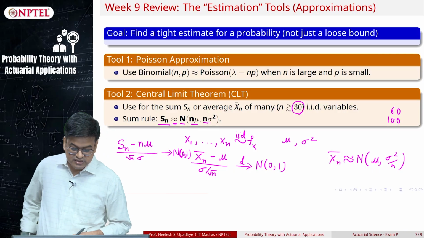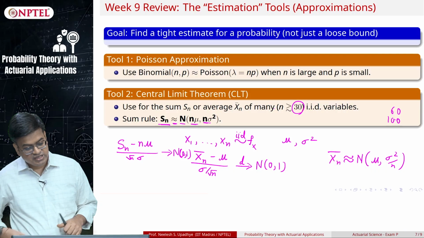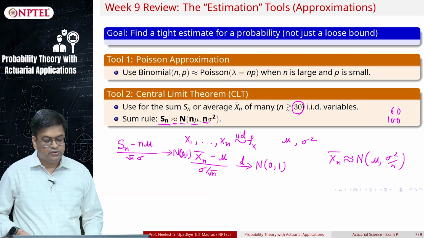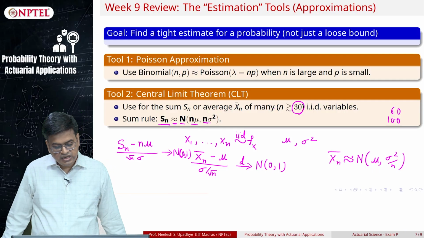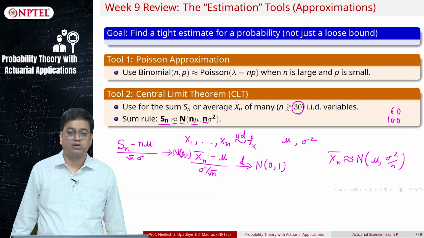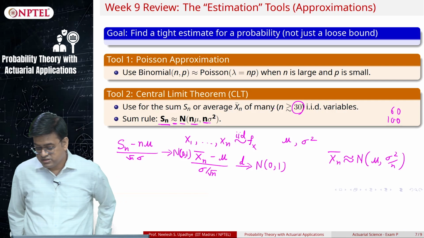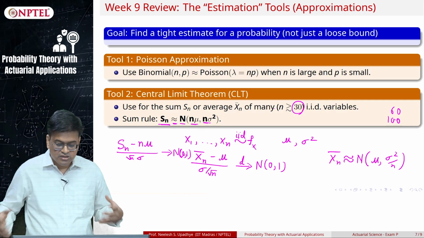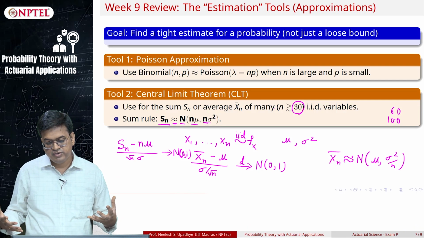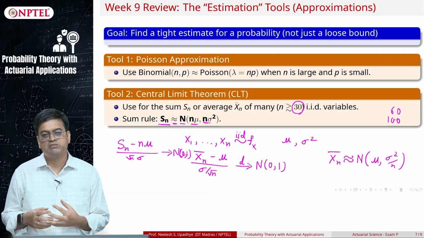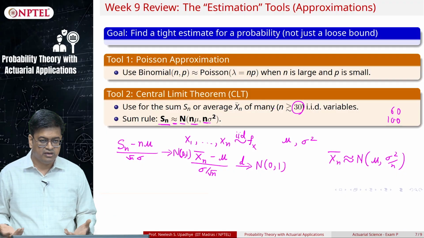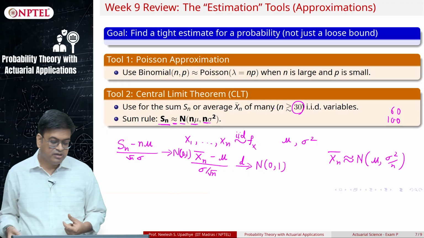Now, what we are saying in the central limit theorem is very wonderful. No matter what the distribution is, you are able to approximate it with a normal distribution. But this raises an important issue, because if I consider a Poisson random variable, what is the meaning of the probability of a Poisson random variable equal to 4.5? It does not mean anything, right?